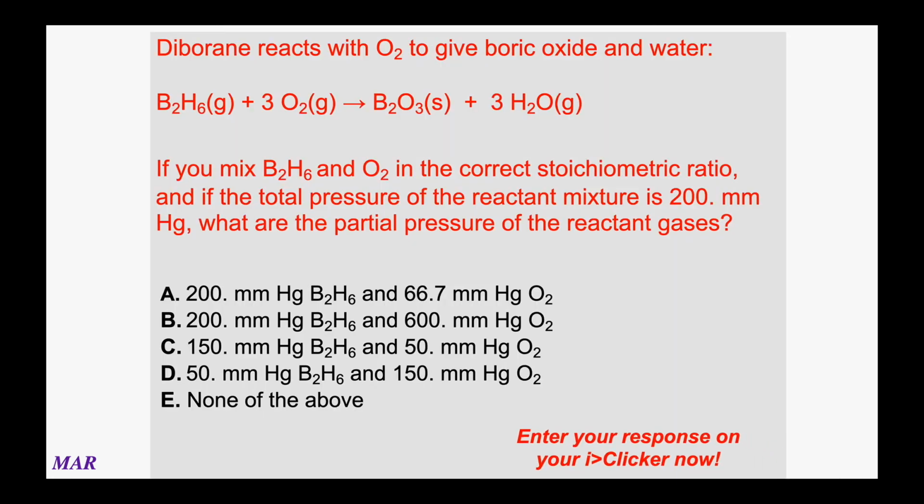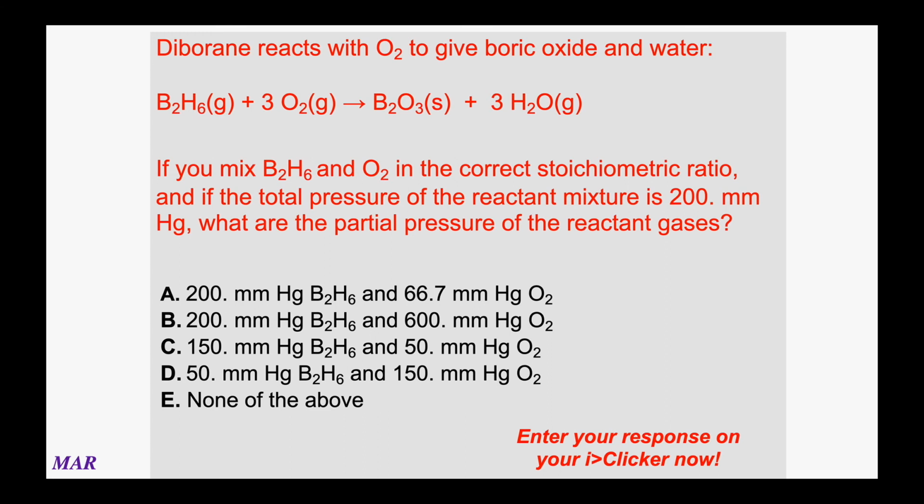So here's a question. Diborane reacts with oxygen to give boric oxide, which is B2O3, and water. And notice the stoichiometry there, 3O2, B2O3, 3H2O, etc. So here we're mixing B2H6 and O2 in the correct stoichiometric ratio.